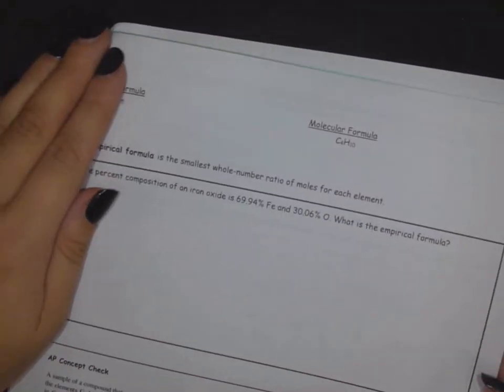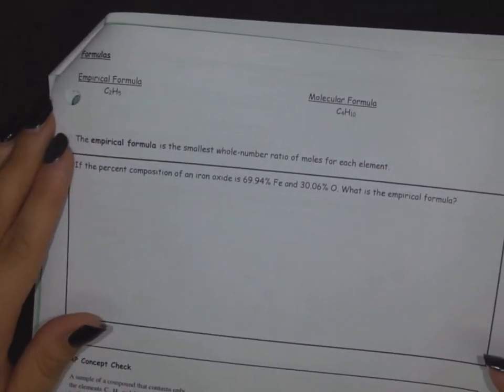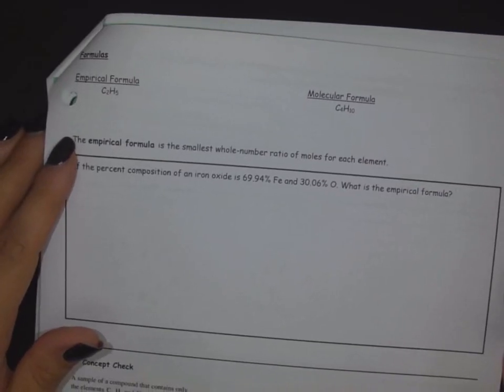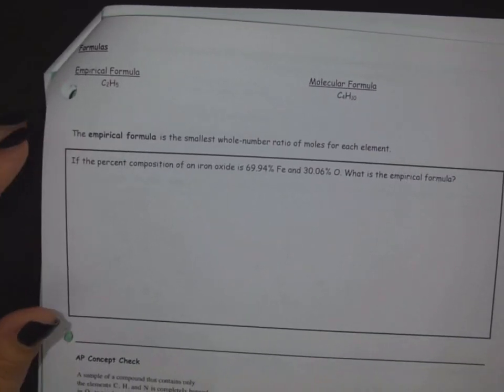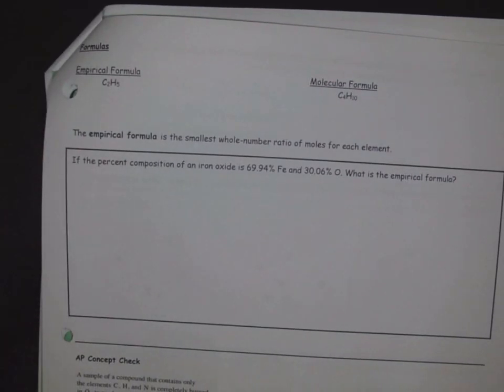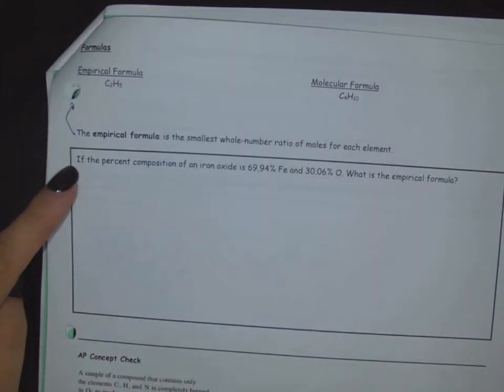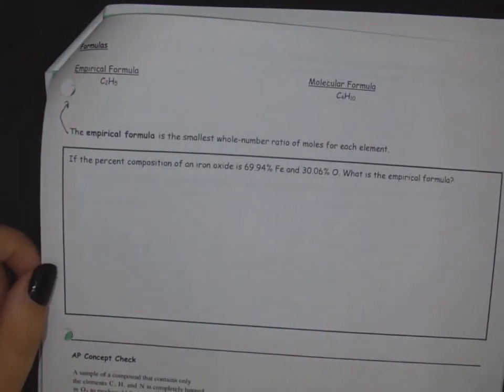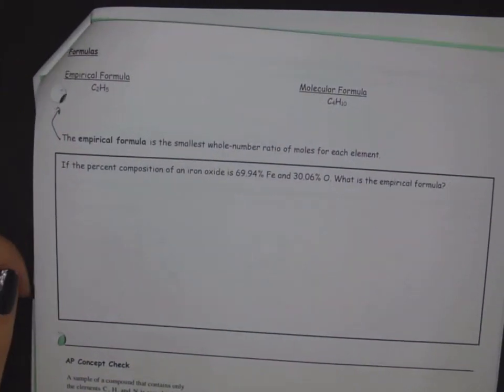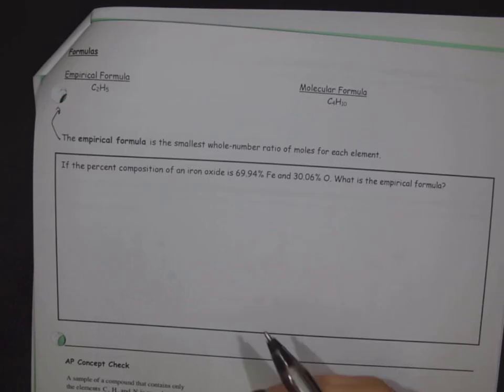Let's keep going. So there's a difference between an empirical formula and a molecular formula. An empirical formula tells us the lowest whole number ratio. Look, it says it right there. That's the lowest whole number ratio of these elements inside of the compound, whether it be a molecule or an ionic compound.